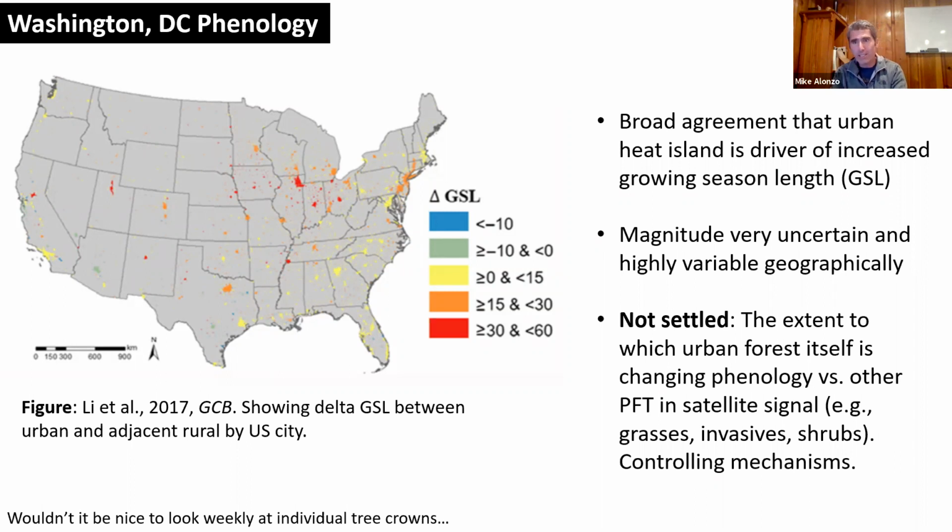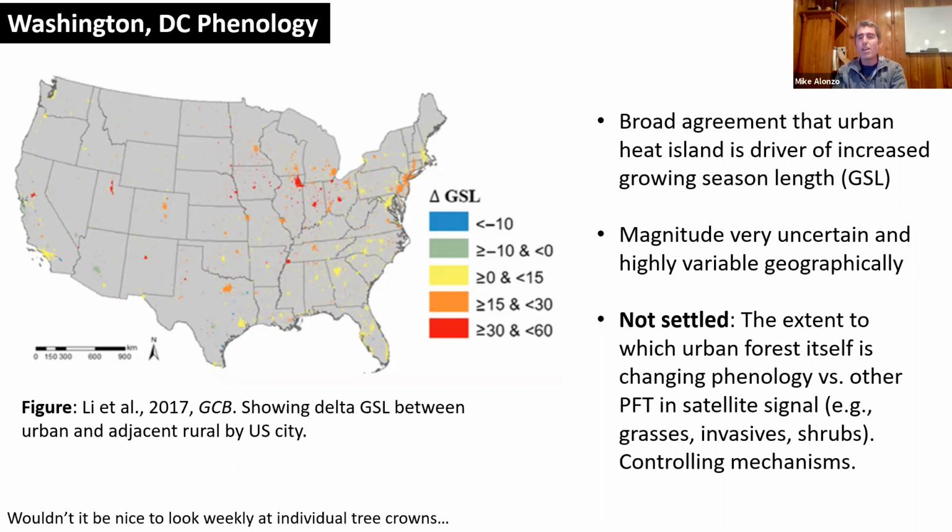Questions are, will that continue with climate change? Will that eventually reverse? How does that relate to water availability? Is it different in Phoenix than it is in DC, et cetera? So there's a bunch of questions that can still be answered.